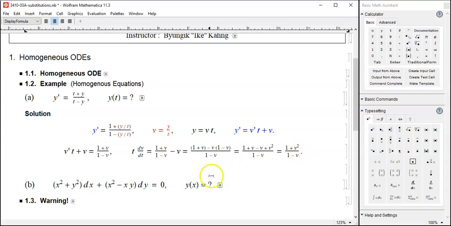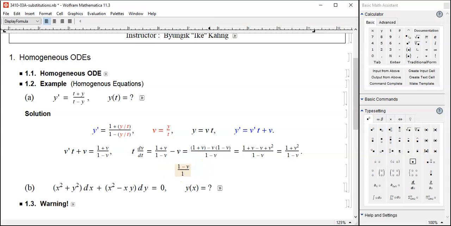Divide this one away to the other side so we get the reciprocal function, 1 minus v over 1 plus v squared. And then flip this t and dt to the other side, so 1 over t dt. The separation is complete, and let's take the antiderivatives.